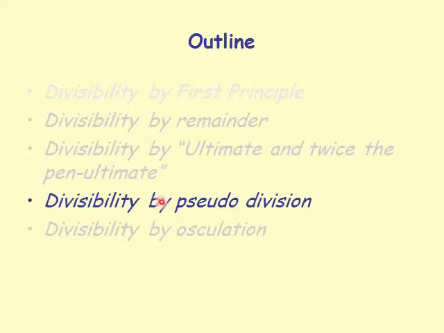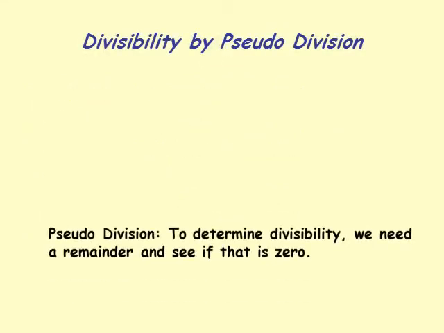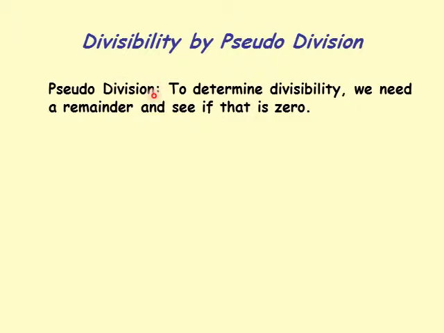Now we'll go to the next section, where we discuss divisibility by pseudo division. Let's see what that is. Pseudo division. To determine divisibility, we need to find a remainder and see if that is 0. So we're trying to find a remainder somehow.